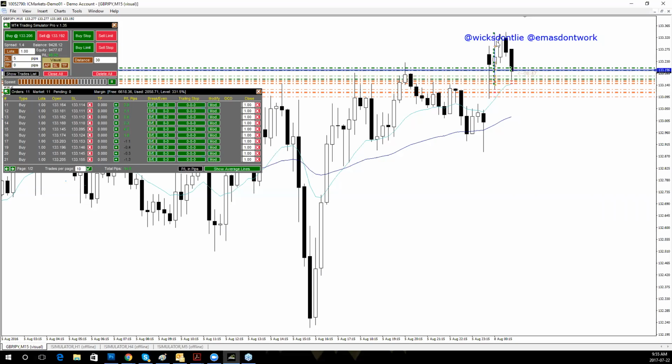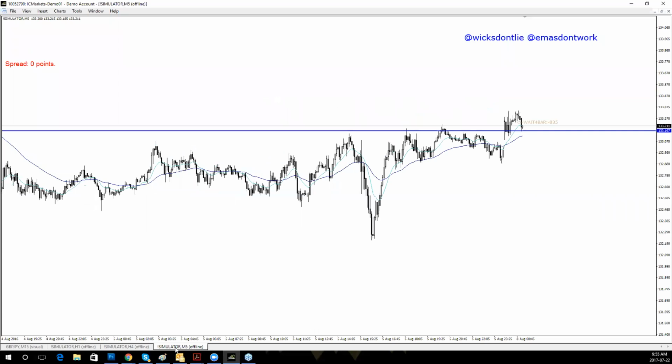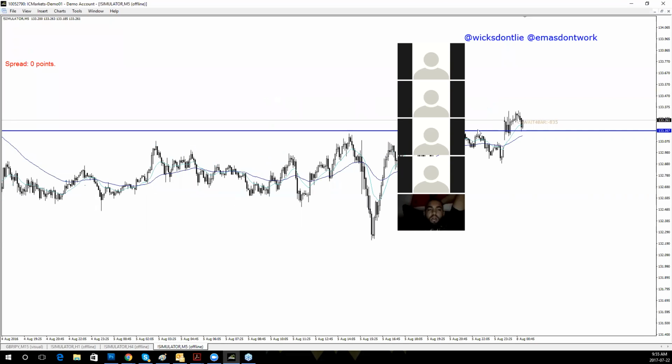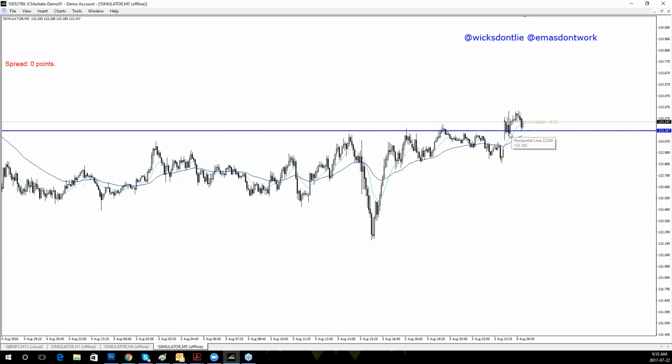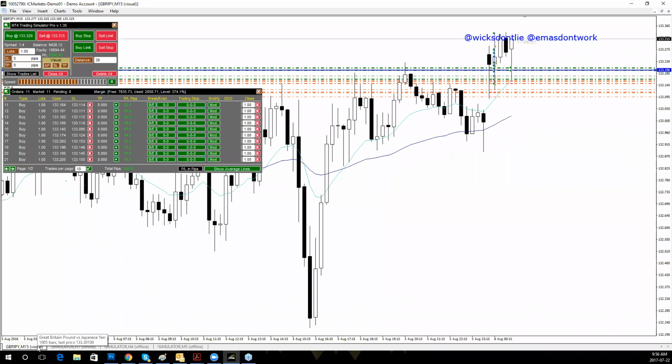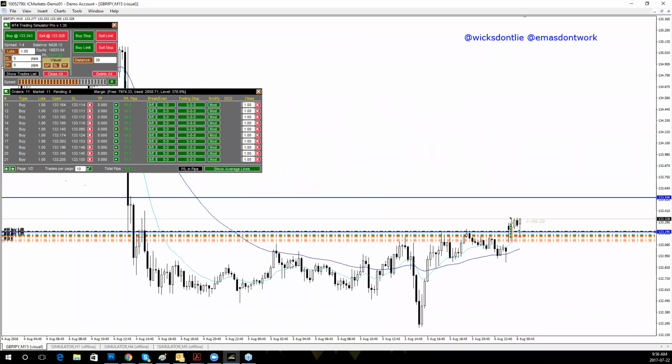So now it's normal for price to come down to retest the broken resistance and then move up, which you see right here. Price was down and then it gapped up. So it broke resistance, then came back down to retest the broken resistance turned support. So now it's just going up. Beautiful.